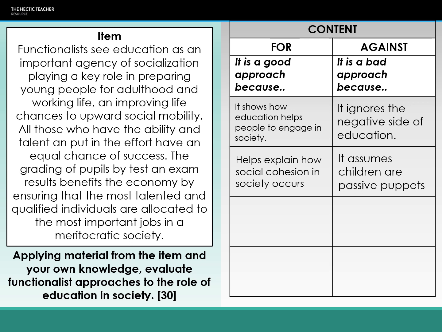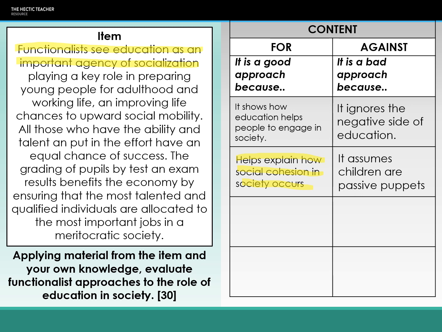But what I'm going to do now is show how the next step, which is linking to the item. So in the item, we can link this social cohesion side of things to the fact that it says that the functionalists believe that education is an important agency of socialization. Okay.